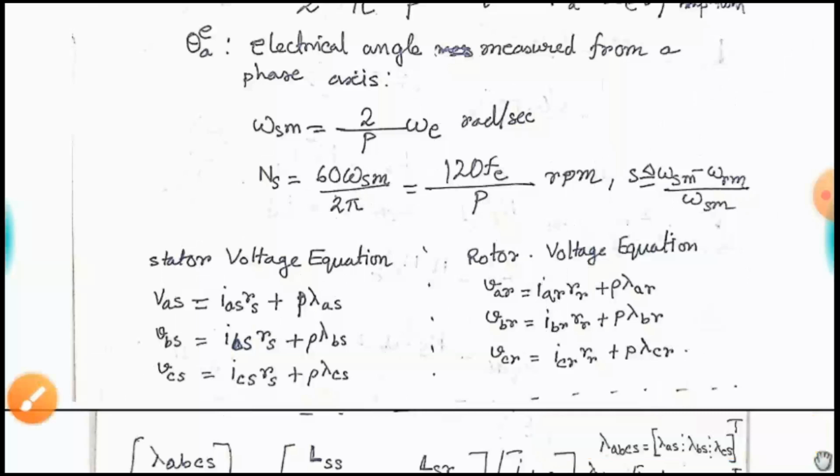So we can connect external resistance with the rotor winding, and that is the main advantage of the slip ring induction motor.